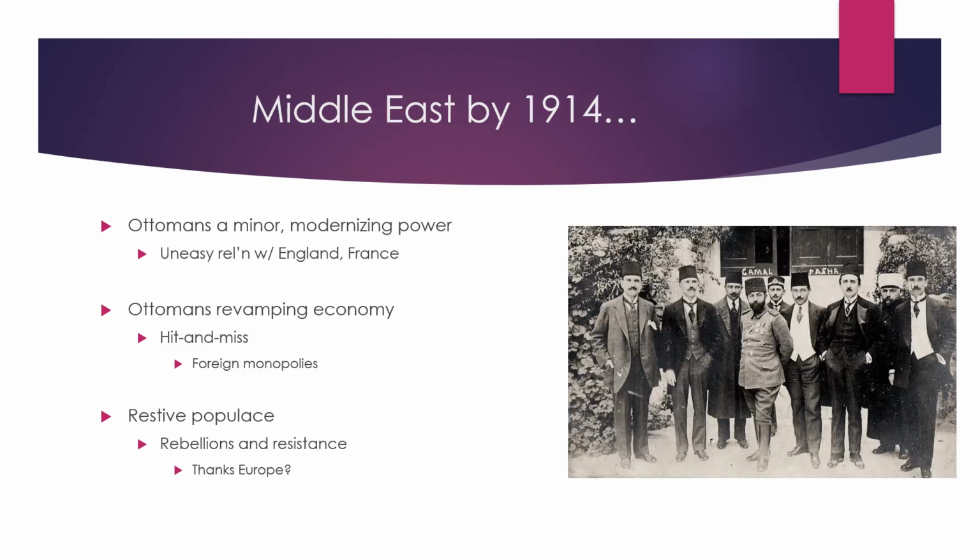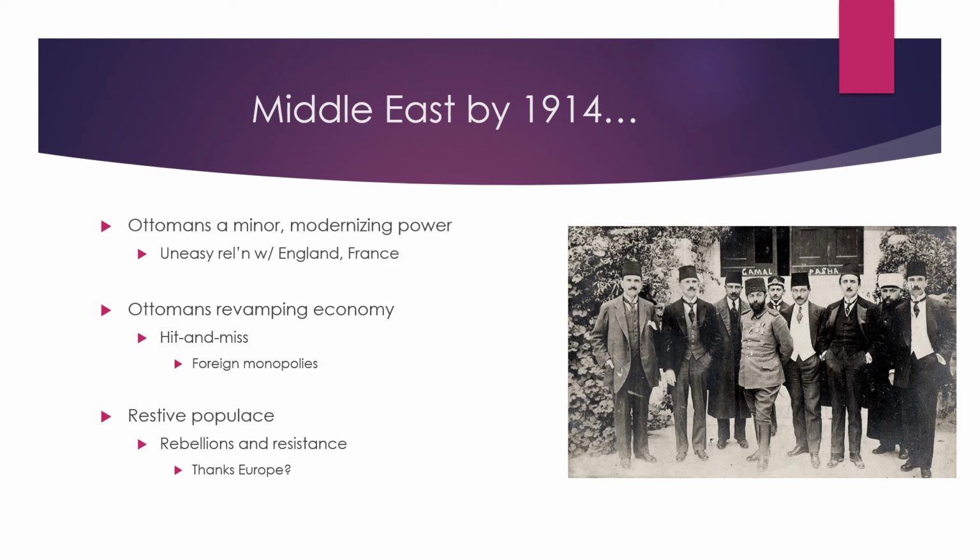So by the time we get to 1914, the Ottomans are a minor, if modernizing power compared to what they used to be. They could have been a much more powerful state had they not had the interference that they did. And so they're in this uneasy relationship with England and France, and maybe a little bit more friendly towards the Germans and to a lesser degree the Americans.